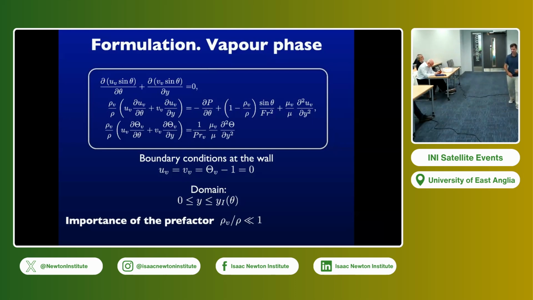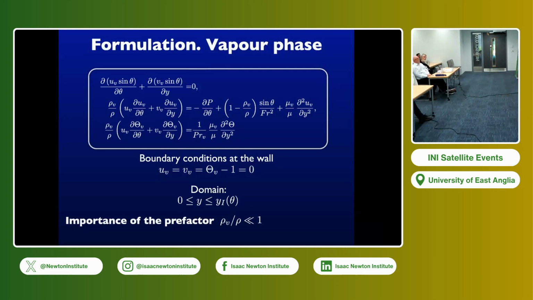This can be done, and has been done in the past, but when the thickness of the vapor layer starts to grow, and I'm anticipating the results a bit, those two terms, even with this prefactor, become important and cannot be neglected anymore.